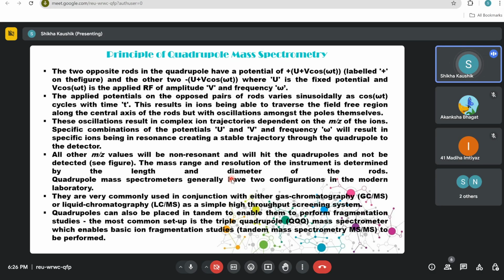They are very commonly used in conjunction with gas chromatography, GCMS, or liquid chromatography MS as a simple high throughput screening system. That's why we use chromatography systems along with mass spectroscopy, because that will help us isolate particular target proteins or a particular family of proteins depending upon their properties. So if we are doing something where we are aware of what we have to study, then we can couple this quadrupole mass spectroscopy with GCMS or LCMS depending upon what we want to read.